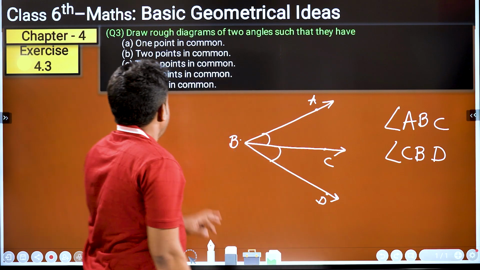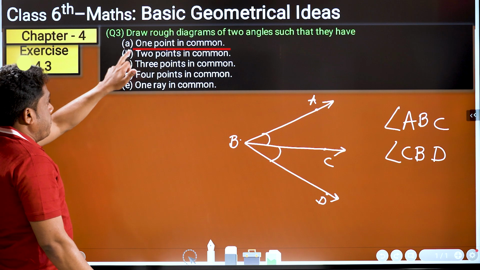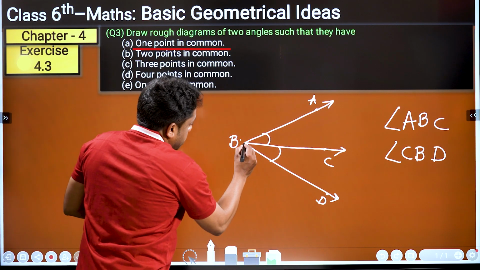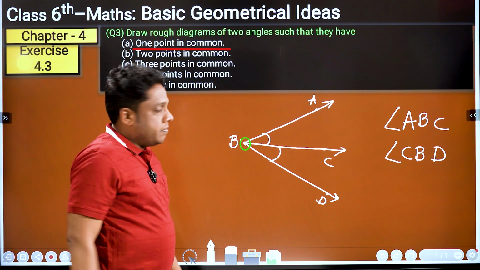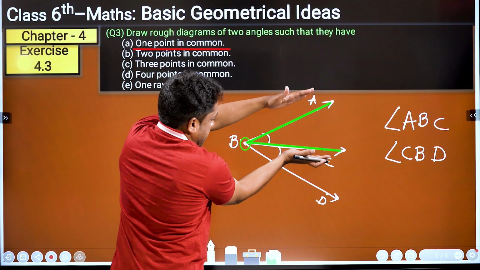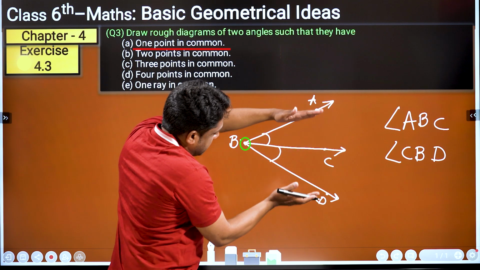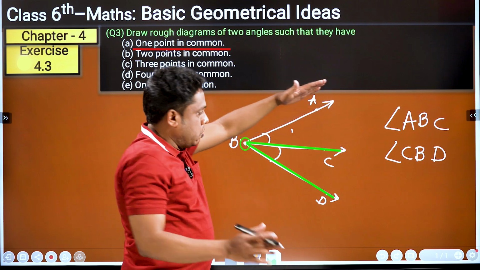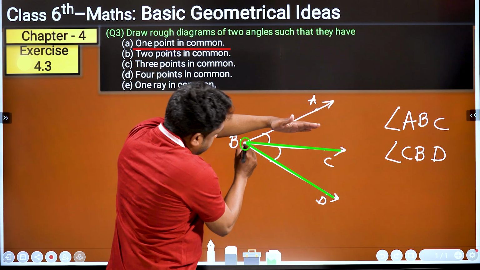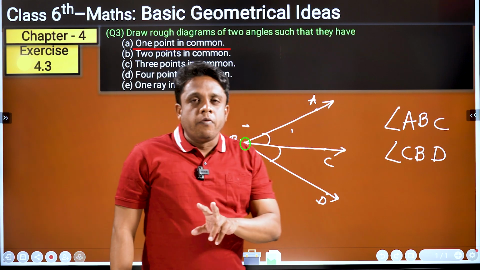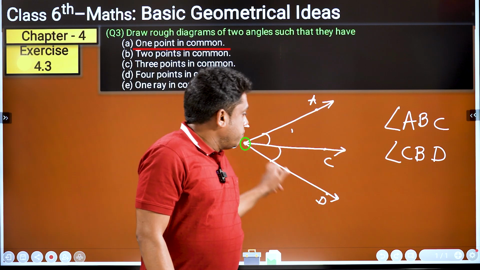Now we will take the first one, that is A part: one point in common. Look at here, this point B. For this angle ABC, we have point B. And if you consider this angle CBD, for CBD also we have the point B. That means the point B is common for both of these angles.